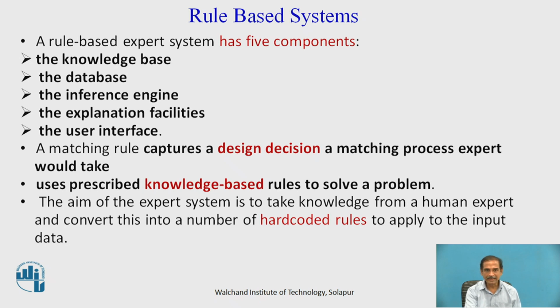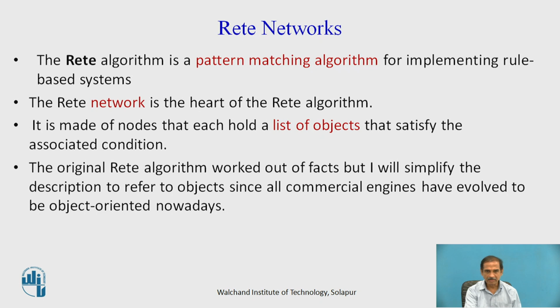A matching rule captures the decisions the experts would take, and this is used to describe the knowledge-based rules to solve the problem. The main aim of the expert system is to take knowledge from the human expert, convert it into a number of hard-coded rules, apply them to the rule-based system, and then, as input data is applied, generate a goal for this particular environment.